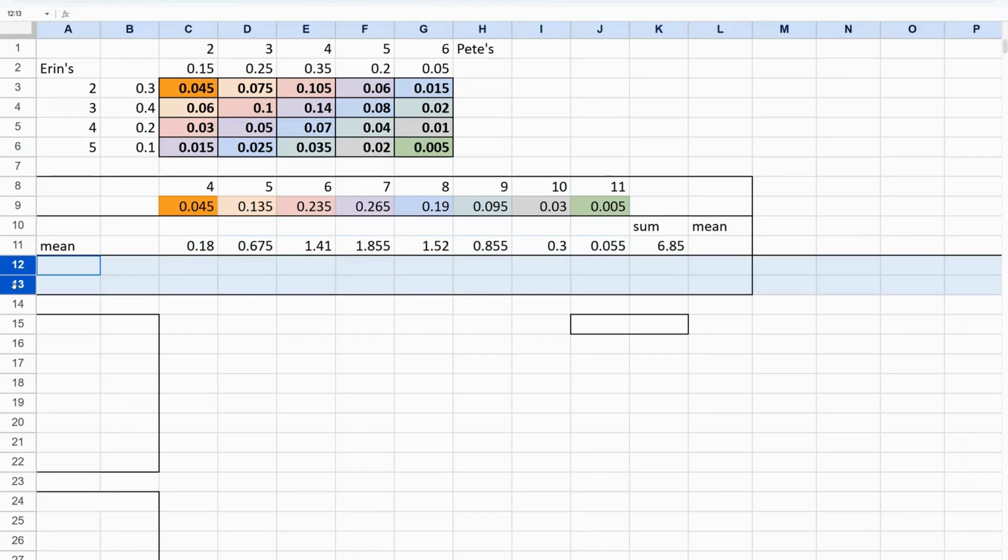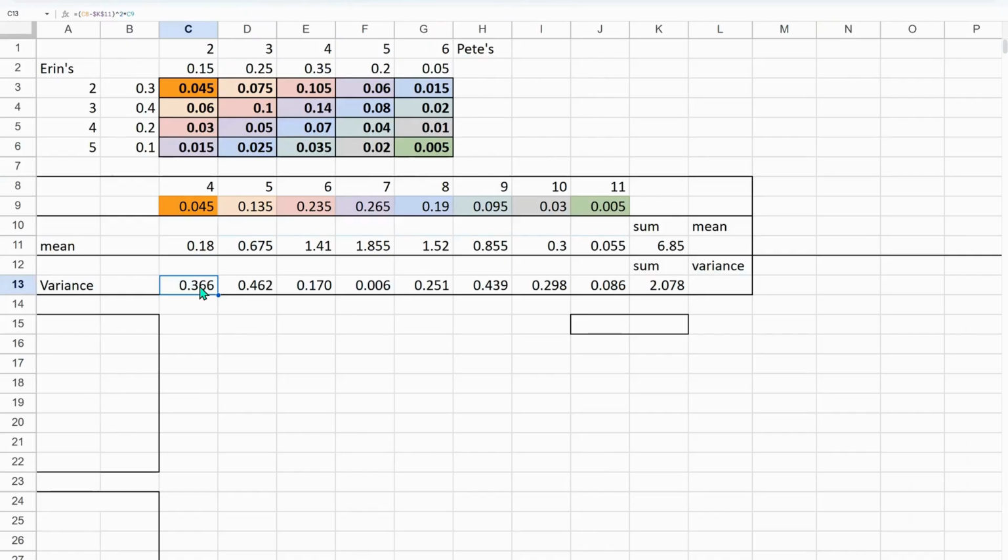Well, I did the same, but for variance, right? Remember, the formula for variance is that I take a data value, subtract the mean, square that, and then multiply it by the probability. And you could probably see that embedded into this formula.